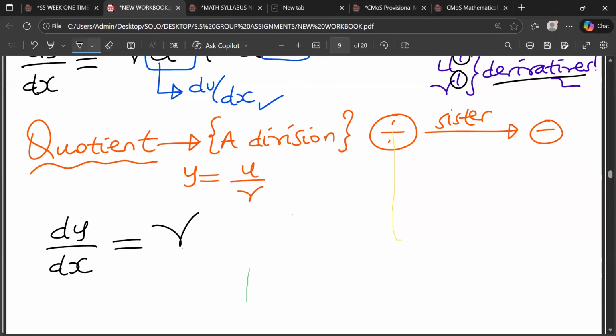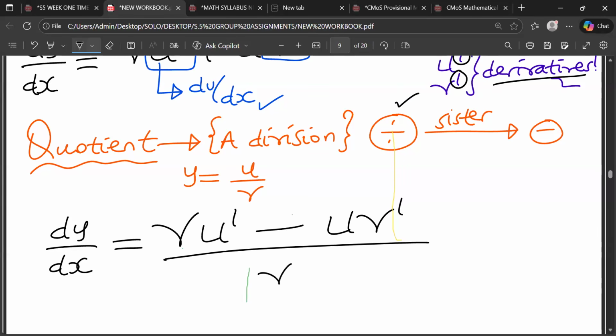Keep v, differentiate u. We keep one and differentiate the other. Then after that, you keep u, differentiate what? V. And you all know the divisions are sisters to what? Subtractions. So you subtract out of v squared.